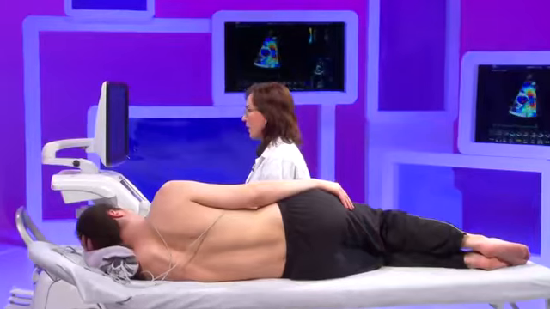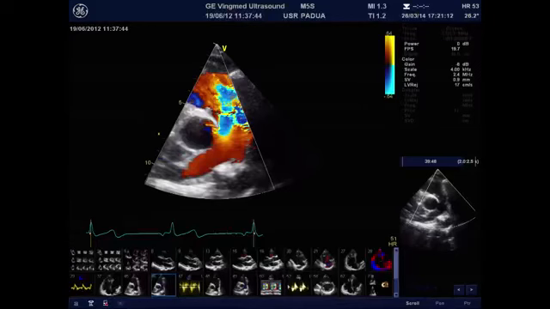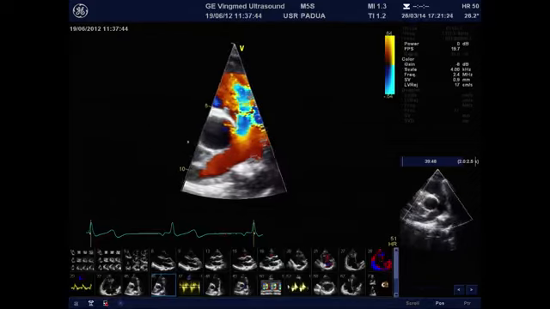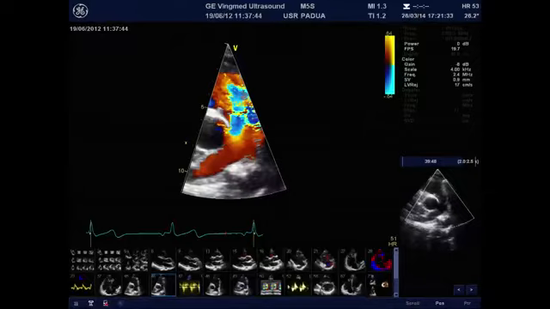So first of all, if I freeze this image, I will see that in diastole, the regurgitation originates at the level of the right branch of the pulmonary artery, as you can see, and this is highly specific for a severe pulmonary regurgitation.